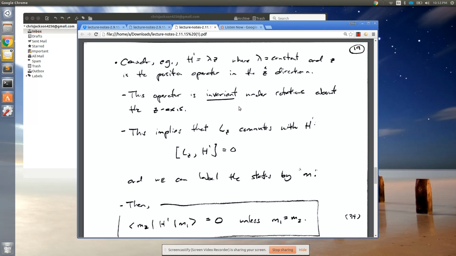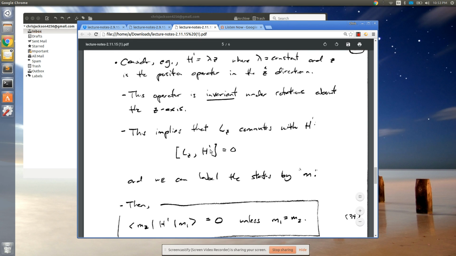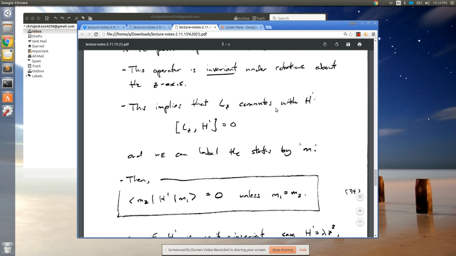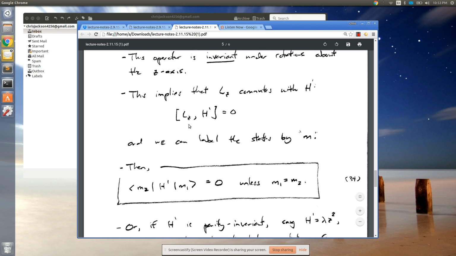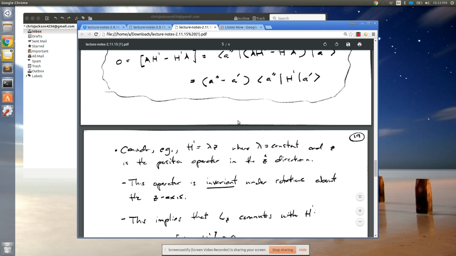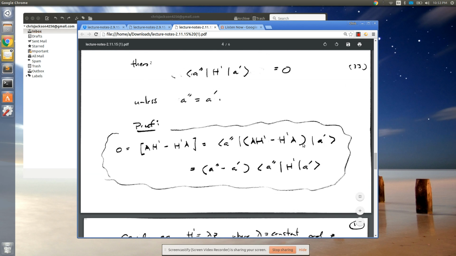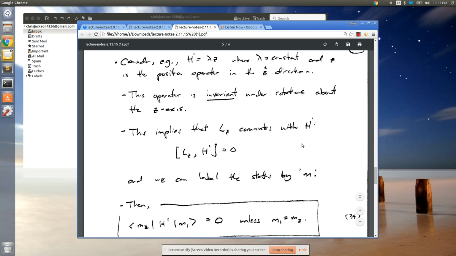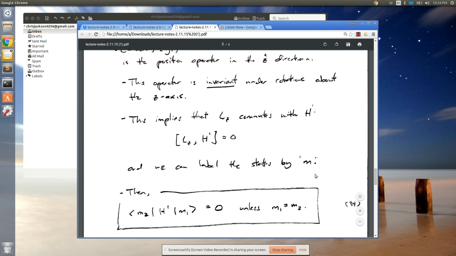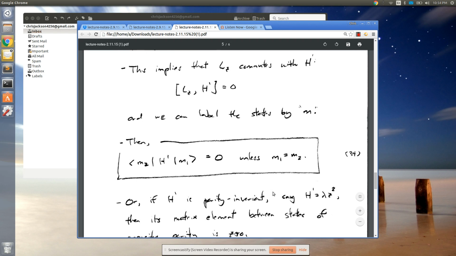That also implies that LZ commutes with this Hamiltonian, because LZ will commute with z, and so that means LZ is going to commute with H1. That means that we can replace these generic labels, A double prime and A prime, in our particular case, with the eigenvalues of the LZ operator. So let's say M1 and M2, right?